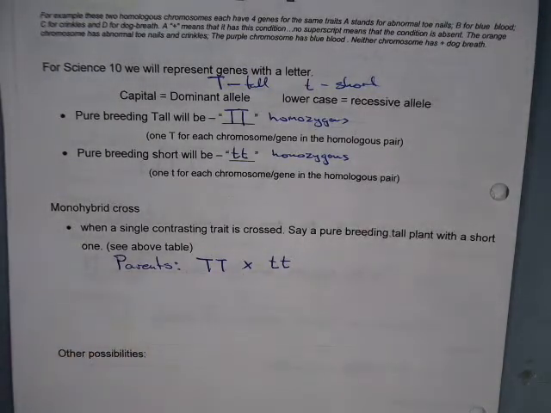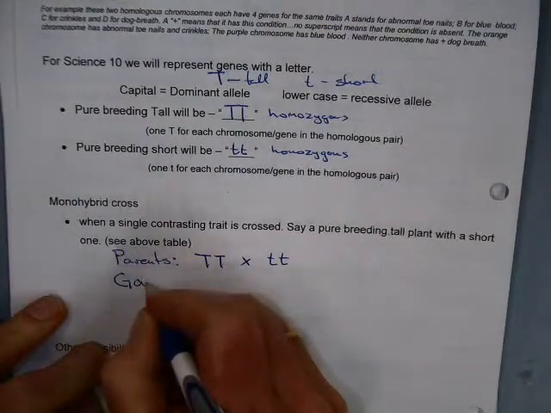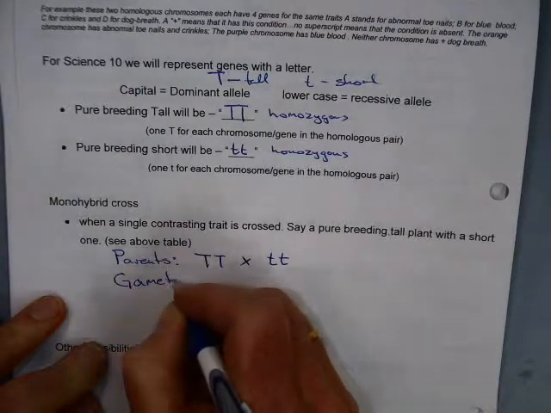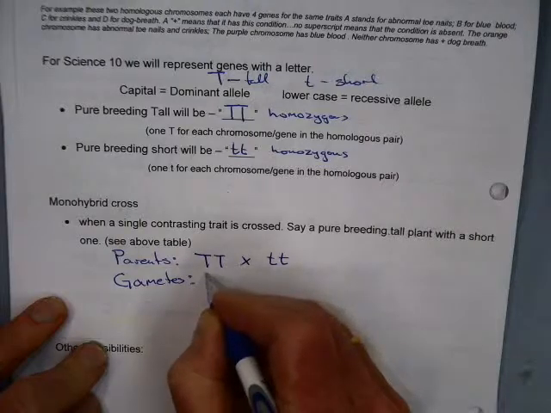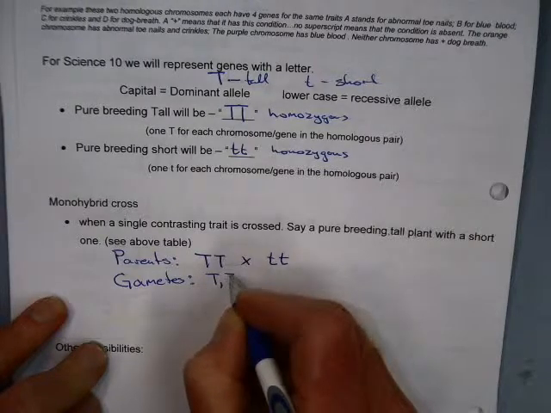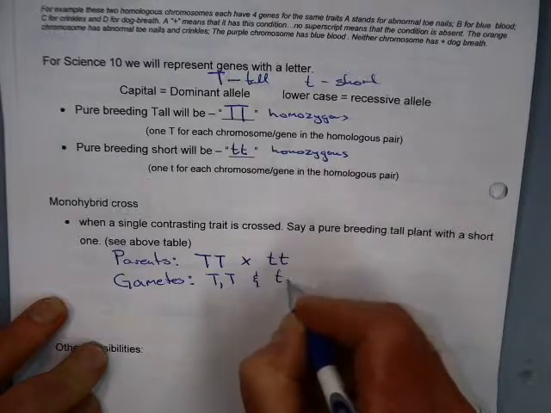But we don't call them alleles, we call them the gametes. What is going to be in the sperm cell that is lucky enough to hit the egg, and what is in the egg that's lucky enough to be hit by the sperm cell. So what we put next are the possible gametes. And that's easy, because in this case, the possible gametes are this, comma, this, and this, comma, this.